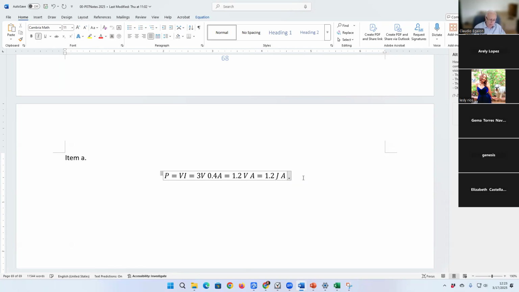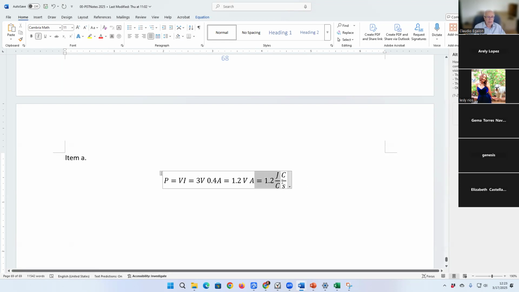Volts is what? Joules per coulomb, right? And amps is what? Coulomb per second. Let's see if we get exactly what we are supposed to get. Coulomb cancels out with coulomb, and we are left with joules per second.